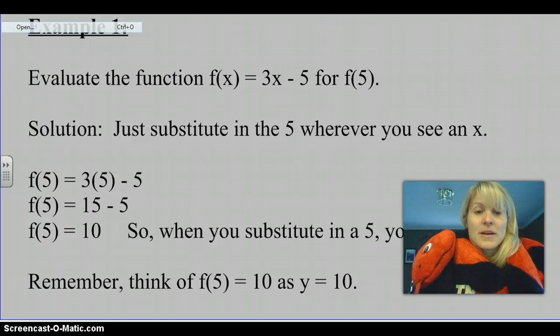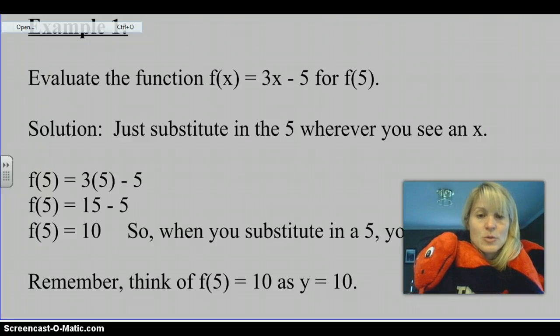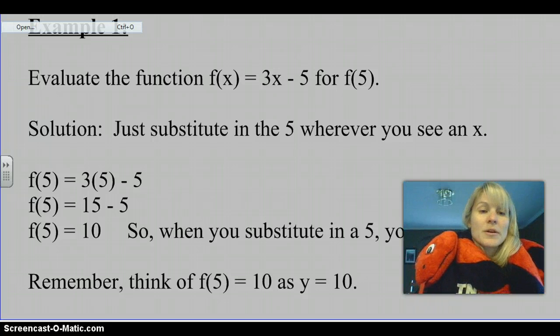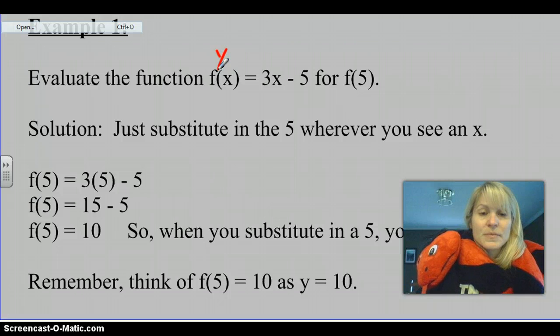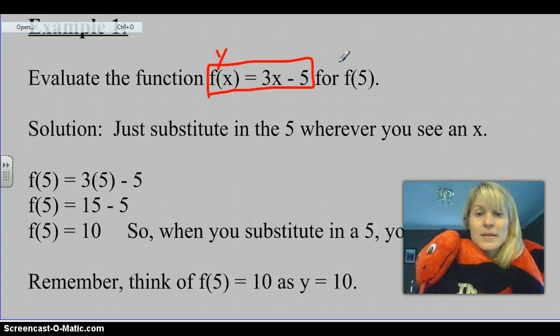Then we get into evaluating functions. This is going to be the new part for tonight. We've already talked about the f of x. The f of x is the y value, okay? And we can call it the function of x, which is y. And then we have 3x minus 5. So this is going to be your problem. And it wants us to evaluate it for f of 5, or the function of 5. So you can look here, we have f of x, right?